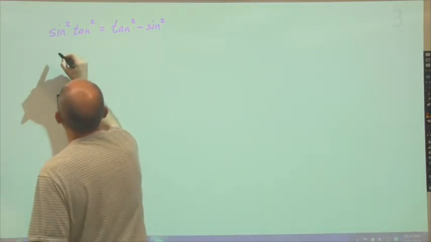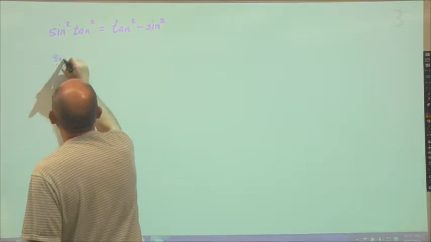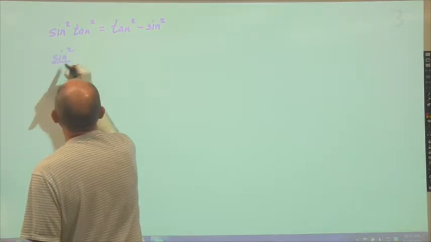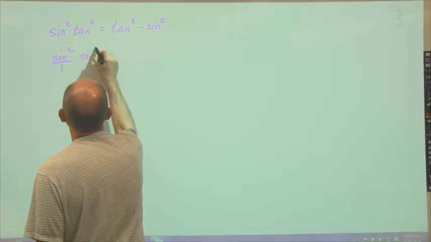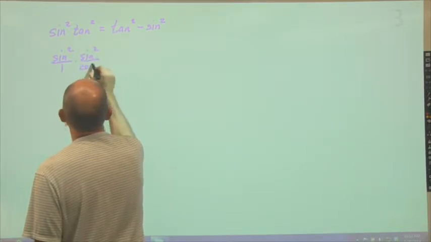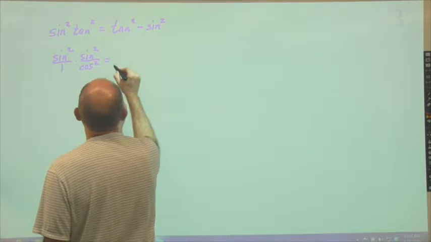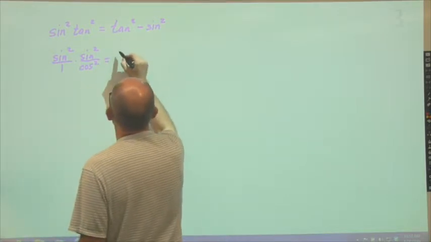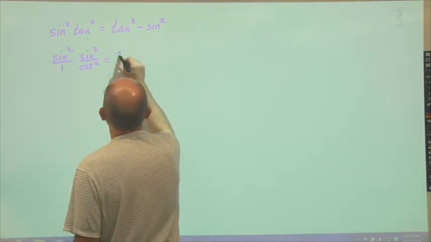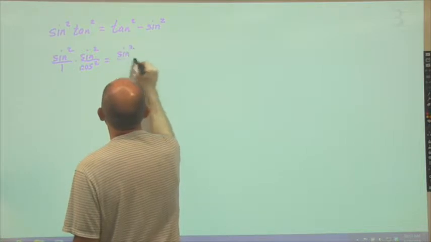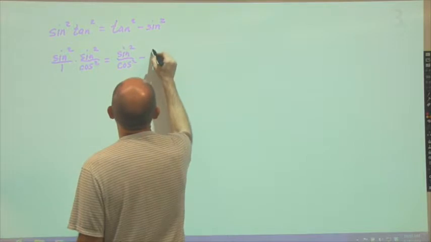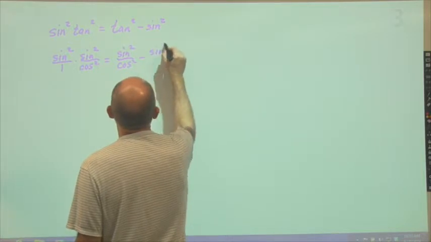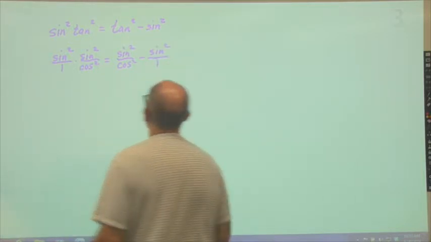So I go sine squared over 1 times, now tangent squared is sine squared over cosine squared, equals, now tangent squared is sine squared over cosine squared minus sine squared over 1.